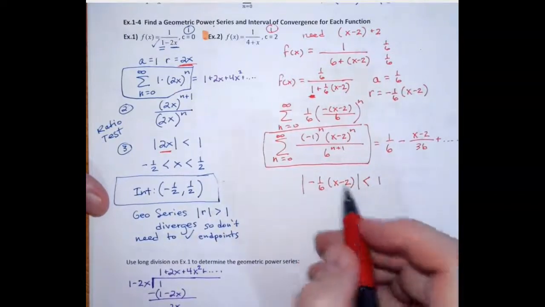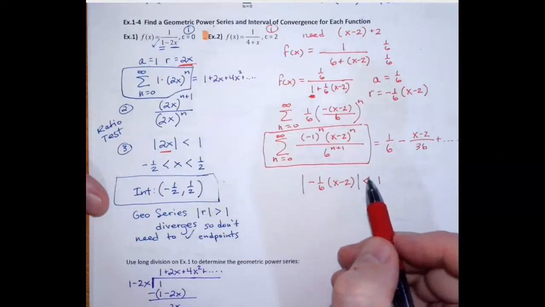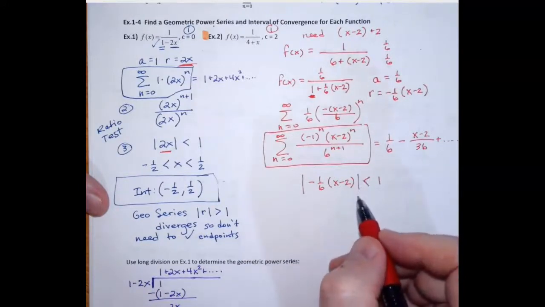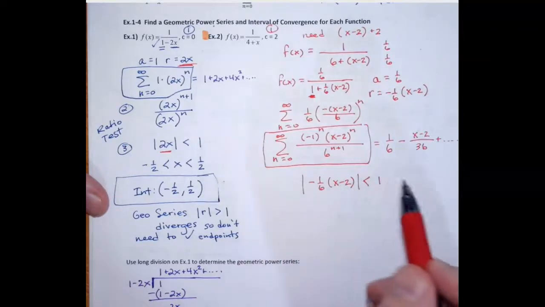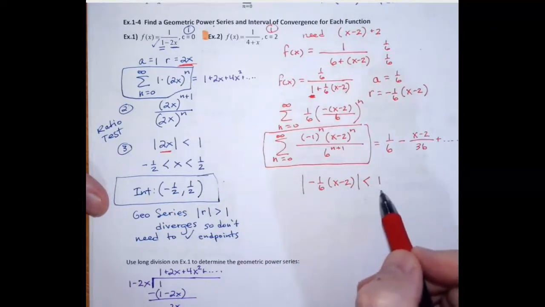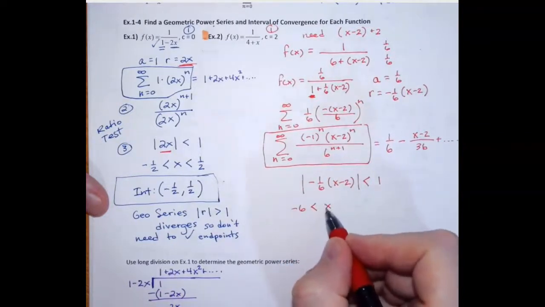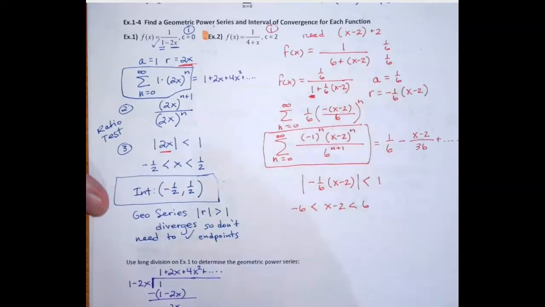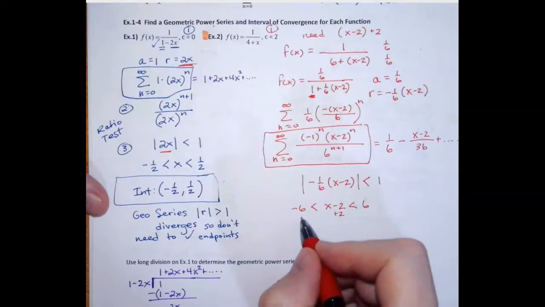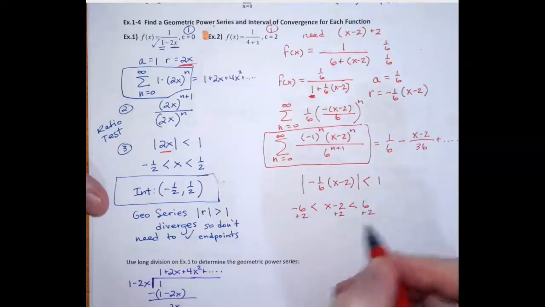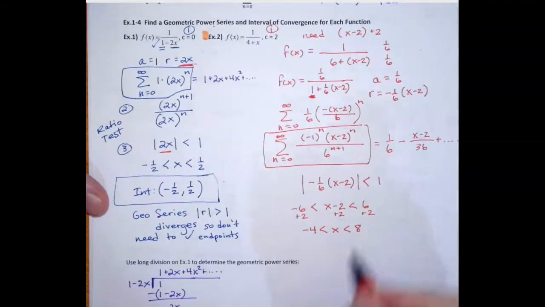So if we multiply by 1/6, not multiply by 1/6, multiply by 6, we'd have 6 over here, and then if we split it up to get rid of the absolute value, we would have this. And if we add 2 to each section, we have negative 4 and 8.